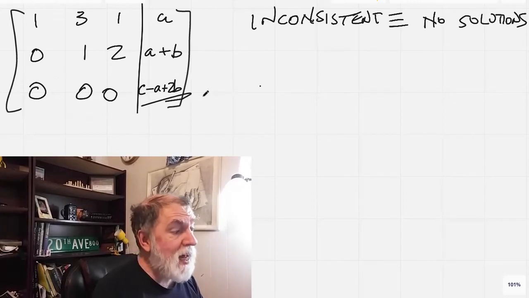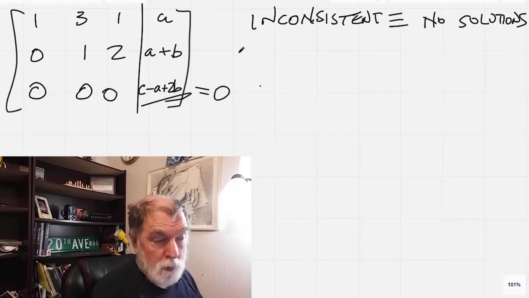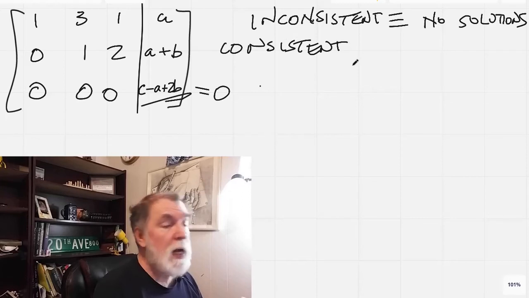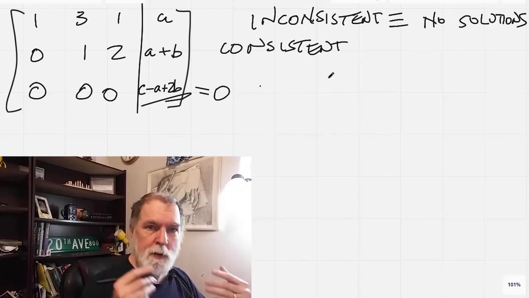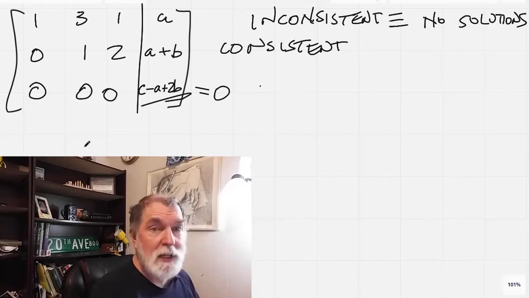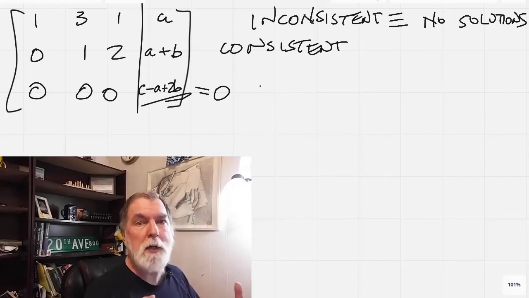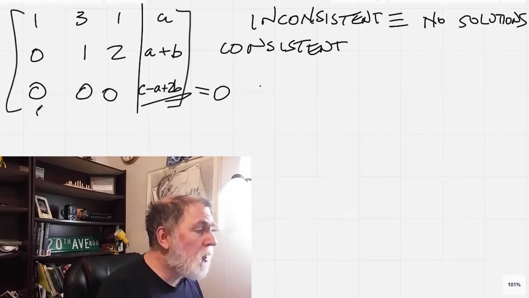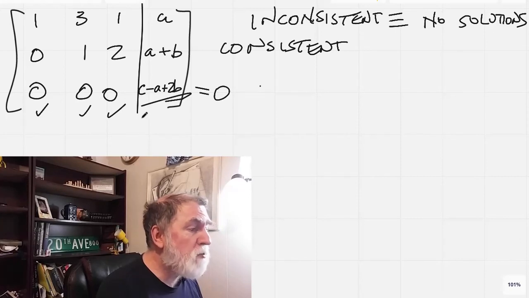However, if this is 0, then the system is consistent. And now the question is, one unique solution or infinite solutions? Let's take a look at the number of variables, which corresponds to the number of columns. We have 1 column, 2 columns, 3 columns.